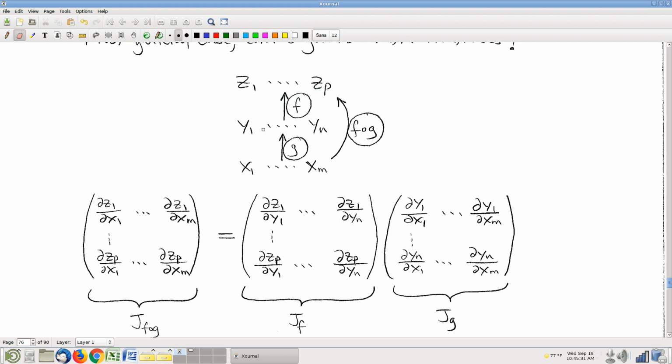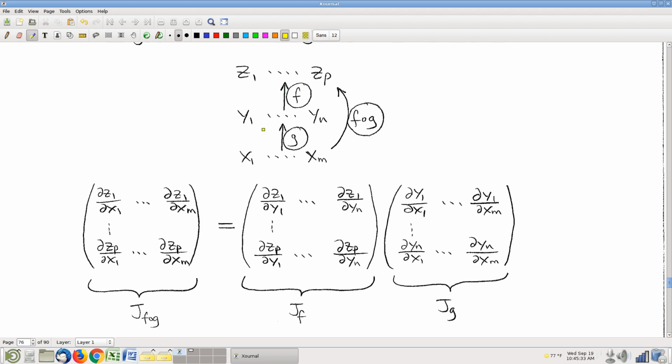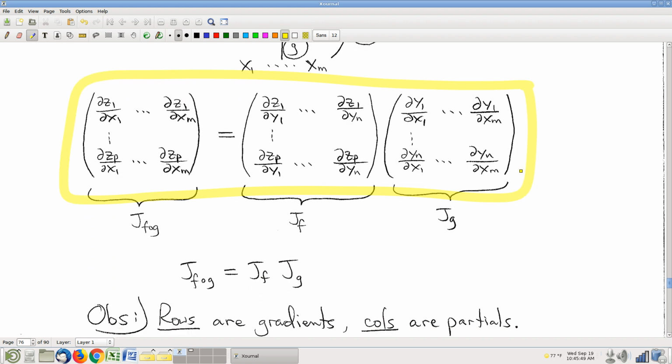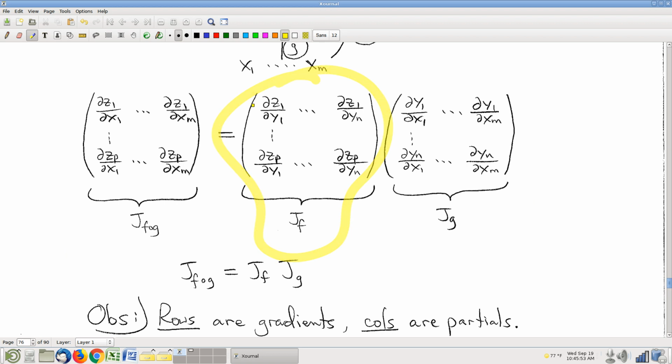Now, just as a cultural note, we've motivated the chain rule here from a certain point of view. There is a different point of view by which you could say that this is really the natural way to write the chain rule. Look how compact it is. If you give names to these matrices, and by the way, the common name when you assemble all the partial derivatives of a function, all the output variables, all the input variables, organized in the same way, we call that the Jacobian matrix.